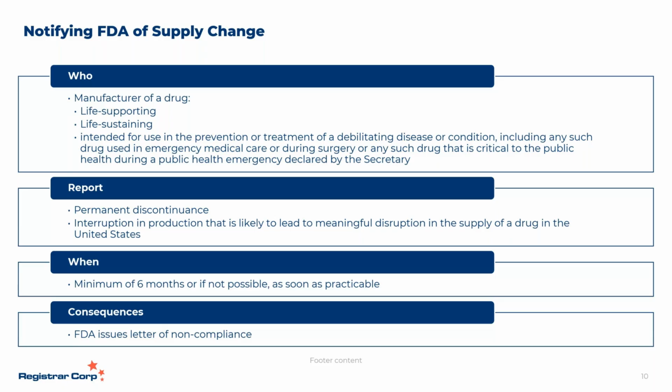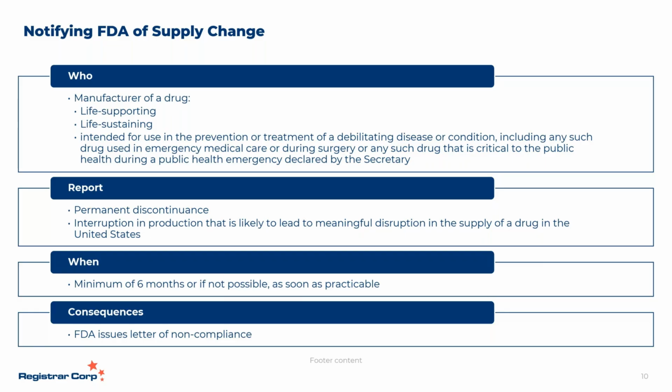Manufacturers are to report to the agency if there will be a permanent discontinuance of the drug or if there's an interruption in production that may lead to a meaningful disruption in the supply of the drug within the United States. FDA expects to be notified within 6 months when possible.